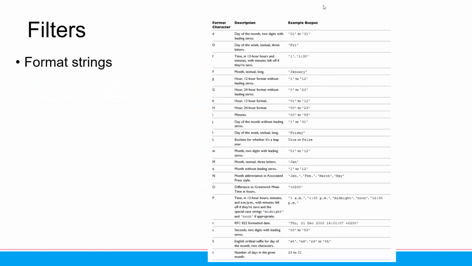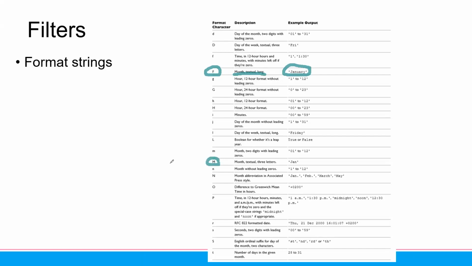I will not discuss all of them, but if you need them later for formatting in the web, you can use this. For example, big F. The big F indicates the month, textual, long. So if you want to show the current month in long words like January, February. But some of you might want only 3 letters.